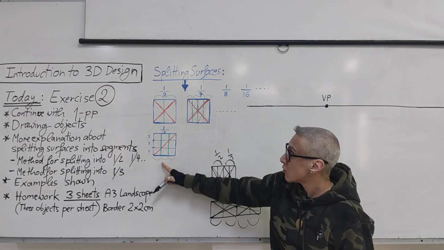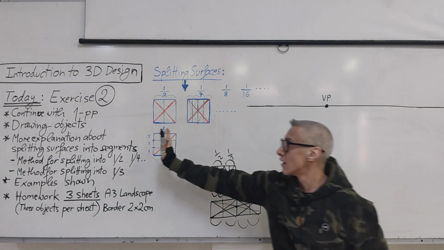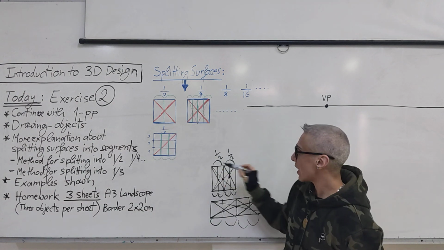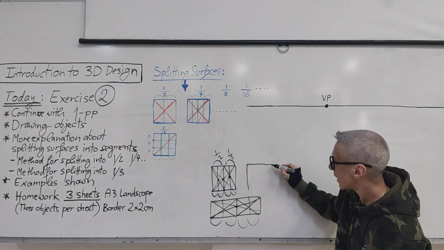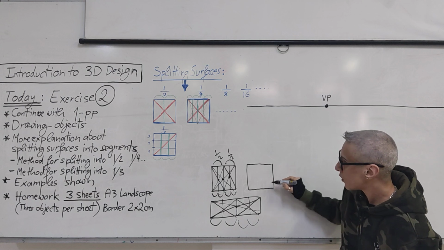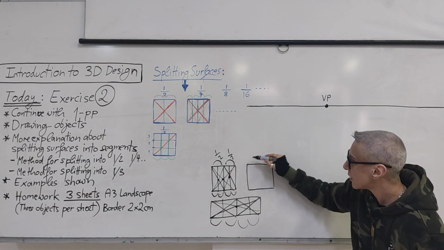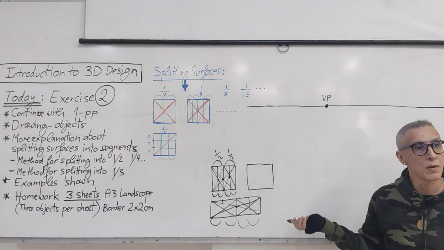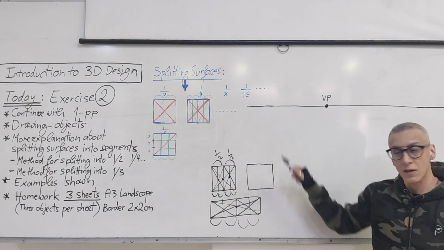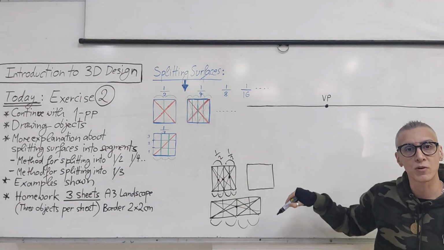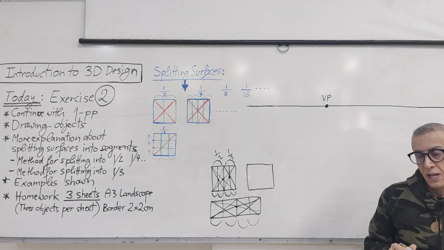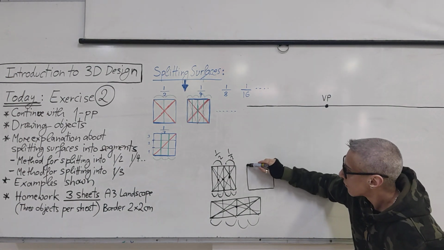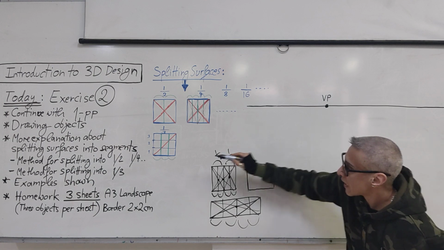Now what about if you want to split it in 3. For example, we have a square, okay? And I want to split this square not into half, but into 3 parts, okay? You cannot do it with this method that I just explained. Finding the diagonals, the center point, you cannot do it. So, we have to do it this way. From one of the sides, you divide into 3.